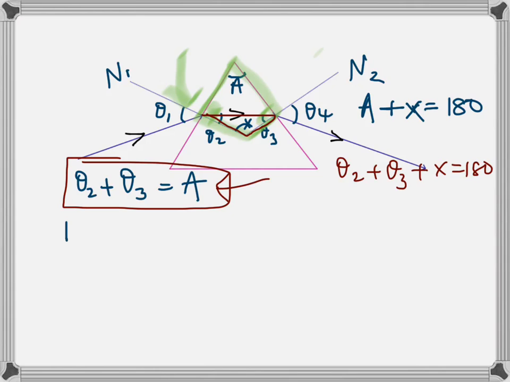So it'll be 1 sine theta 1 is equal to, N2 will be that of glass, isn't it? 1.58 sine theta 2. I just applied Snell's law at the first refraction, that's all. Agreed? Will that give us anything? No, because nothing was given.